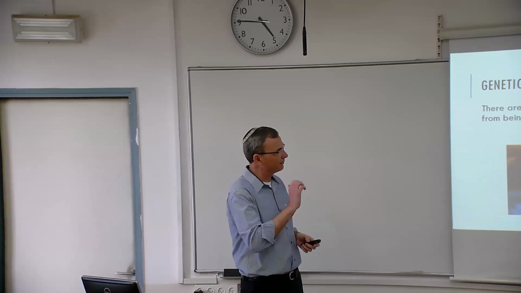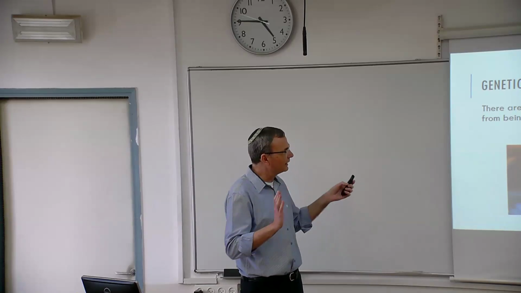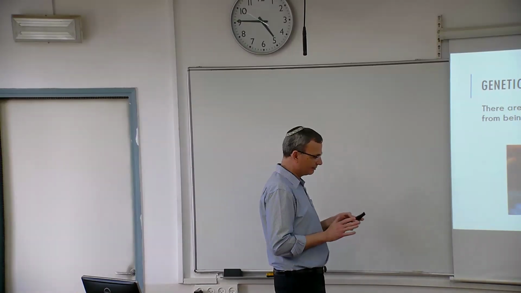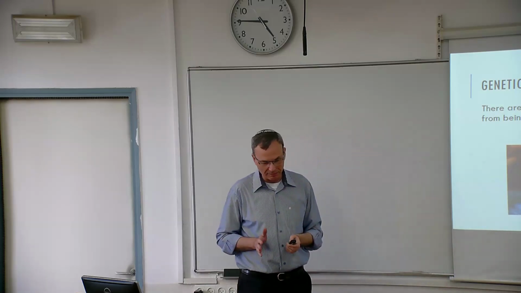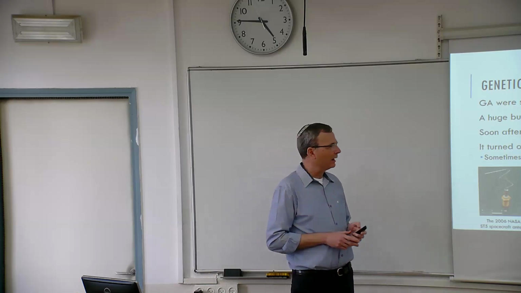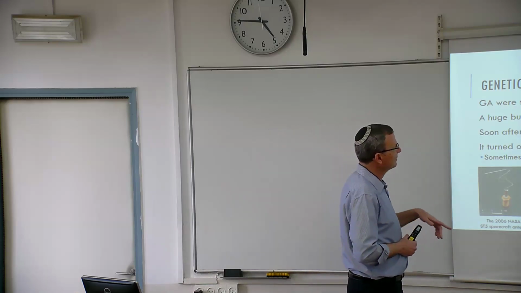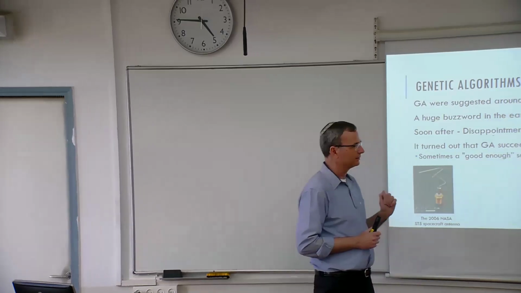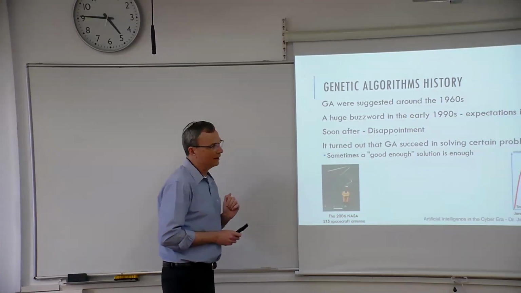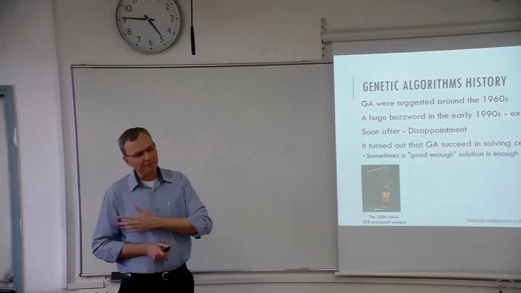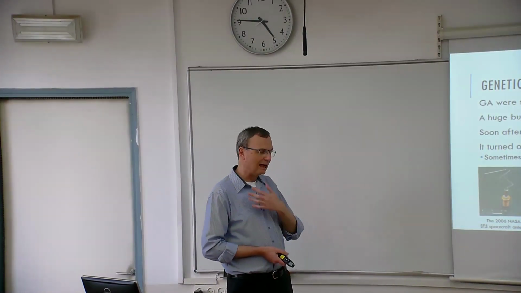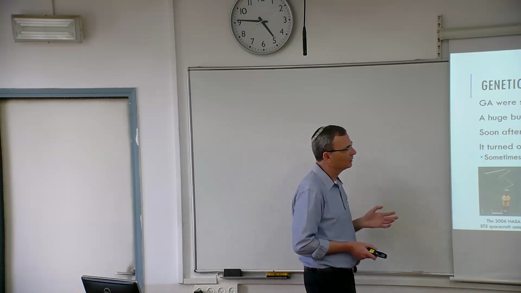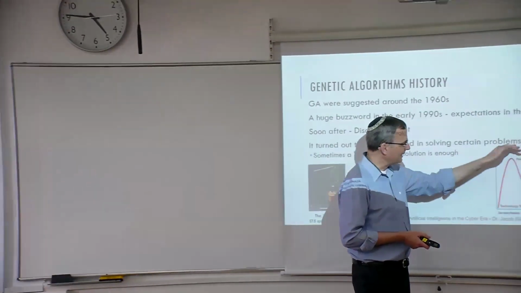So genetic algorithms have a good idea, but basically you will not get an optimal solution. Those algorithms were suggested first in the 60s, a while ago. And again, it was a very huge buzzword in the 90s. Everybody saw that this is a great way to go. Remember the hype cycle?